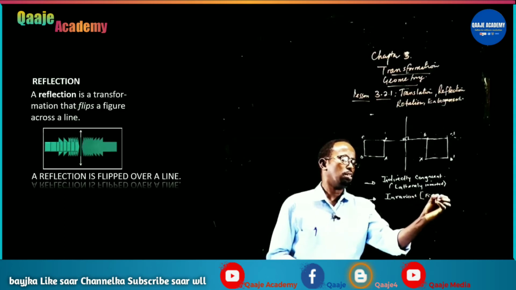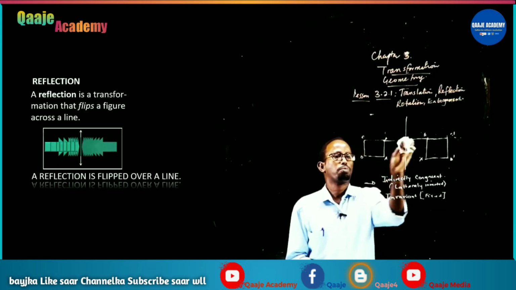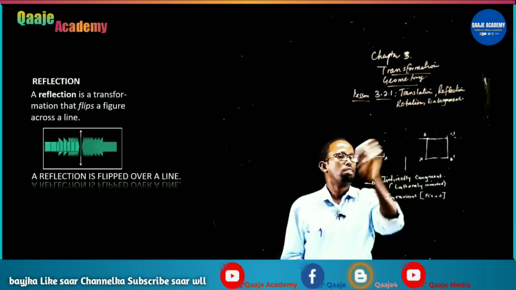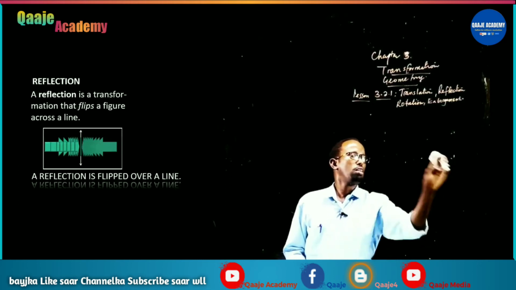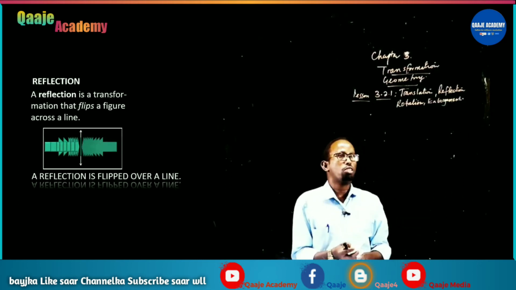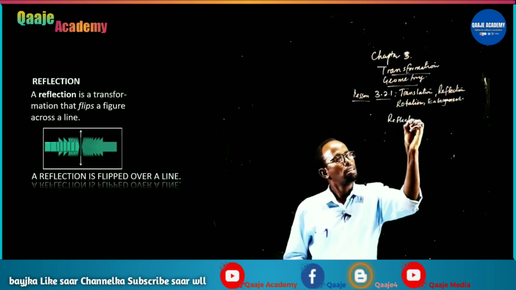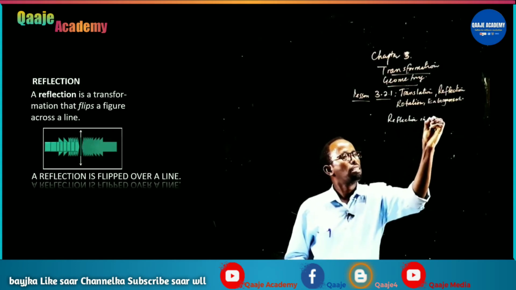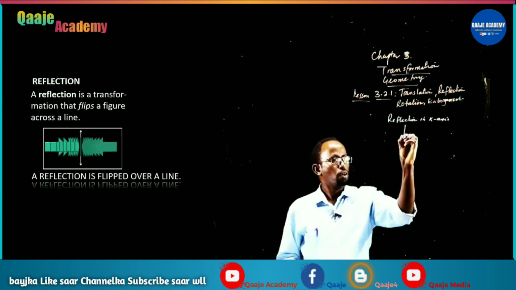Now let me start by giving an example on reflection in the x-axis. That is example number 1. Now let's take a point.